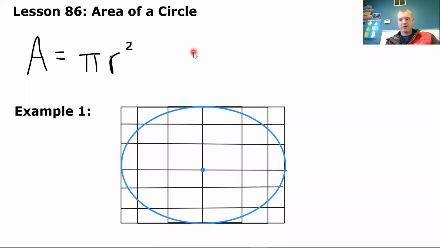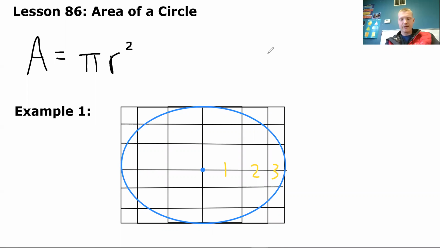Inside, we need to figure out how many units is our radius. Starting from our middle spot, that blue dot in the middle, we're going to go out to the outside. The radius is half of our circle, from the middle to the side. I'm going to do the right side here: 1 unit, 2 units, 3 units.